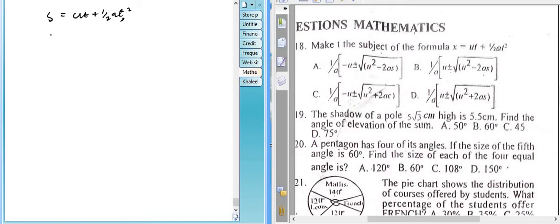So using quadratic, since we have t square and we want to make t the subject, we can arrange it in the quadratic form, ax square plus bx plus c is equal to 0. From here we can say half at square plus ut minus s is equal to 0.